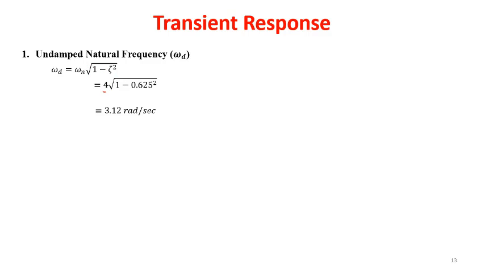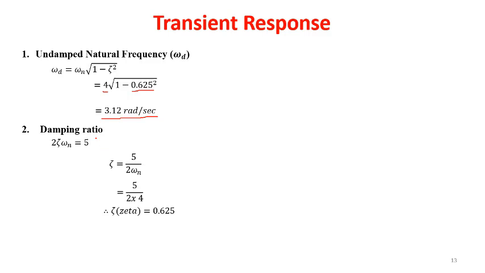Omega n value is 4, root of 1 minus zeta square, where zeta is 0.625. So after simplification, we get omega d equal to 3.12 radians per second. Next, we need to find the damping ratio, which we have already done. We can state it once again, damping ratio equal to 0.625.